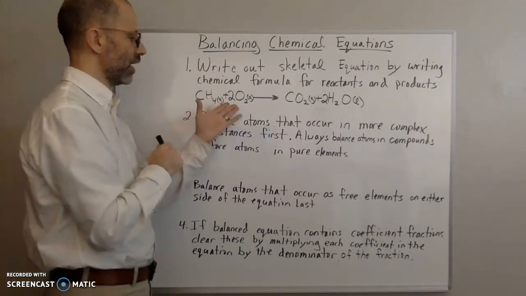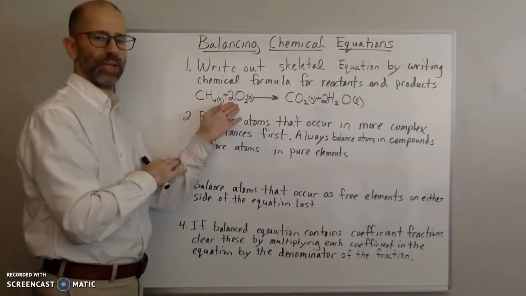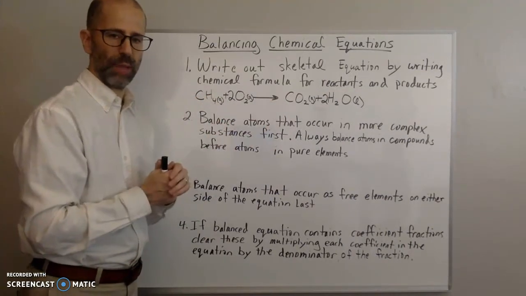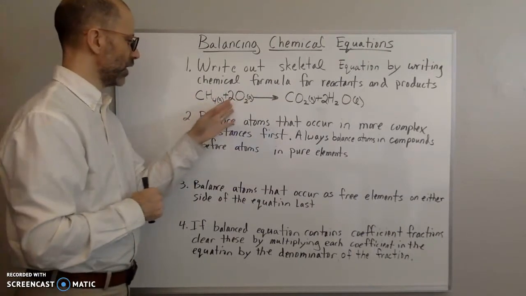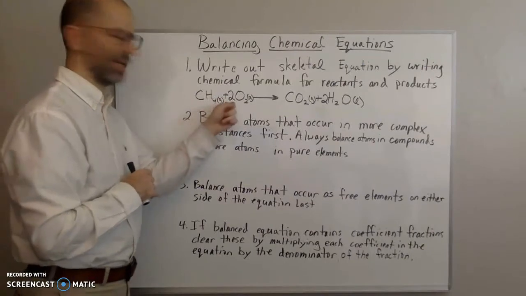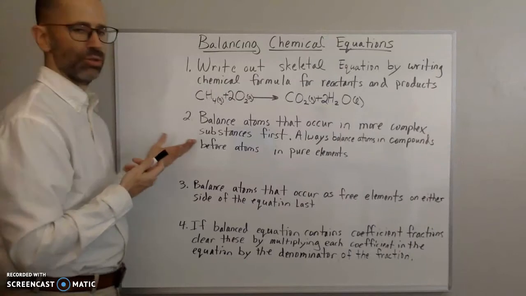That's why you save the free element for last, because you can balance the free element without messing up everything else that you balanced. Once you get to the free element, you may need to use a fraction. Notice I didn't have to use a fraction to balance my oxygen, but sometimes you do.